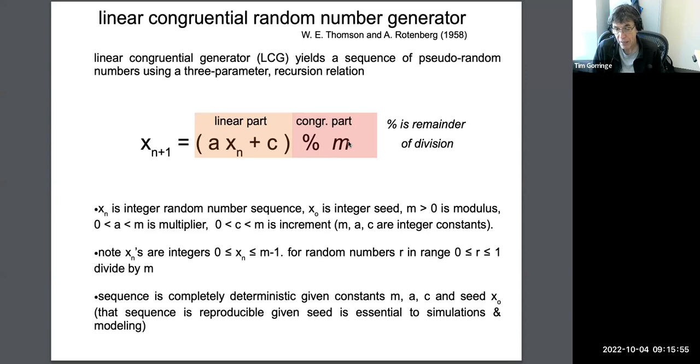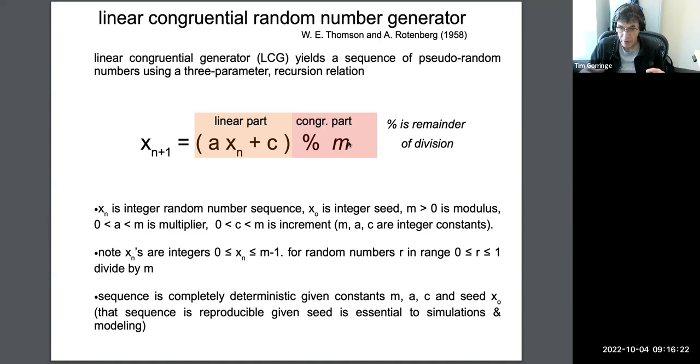If M was 128, then the possible random integers are from 0 to 127. So in that case, the largest period of random numbers before you start repeating is 128 different numbers from 0 to 127.